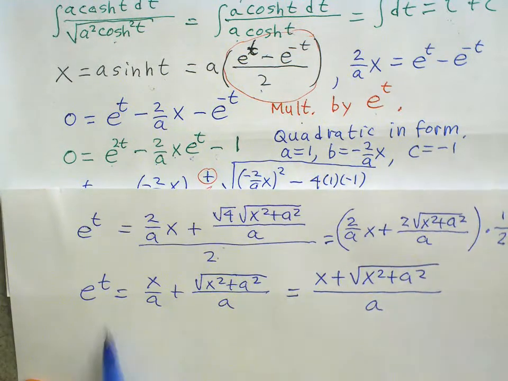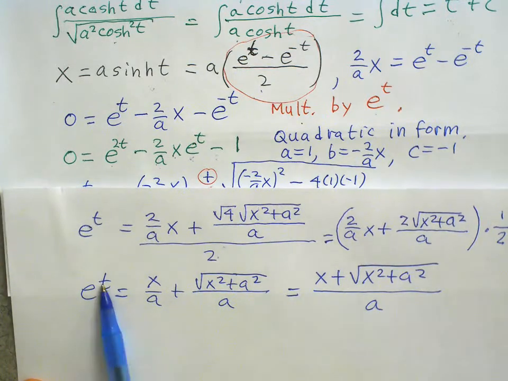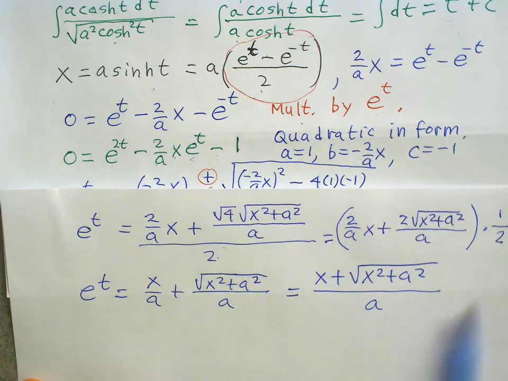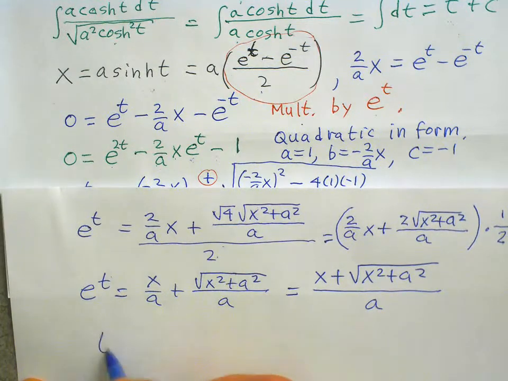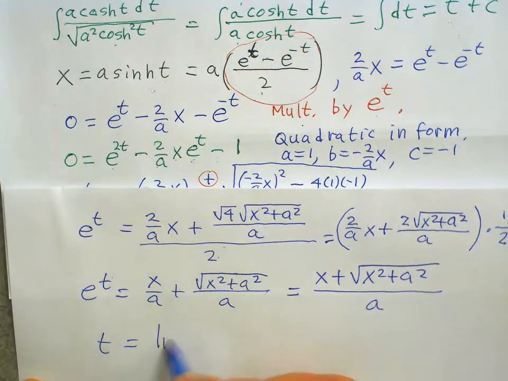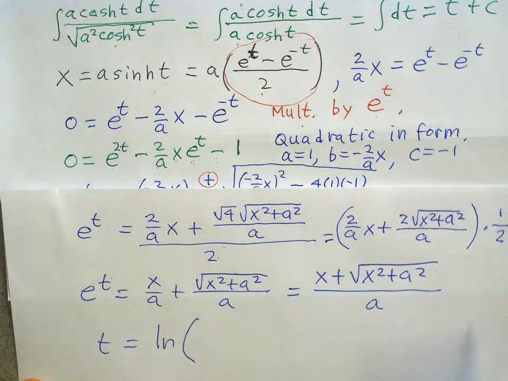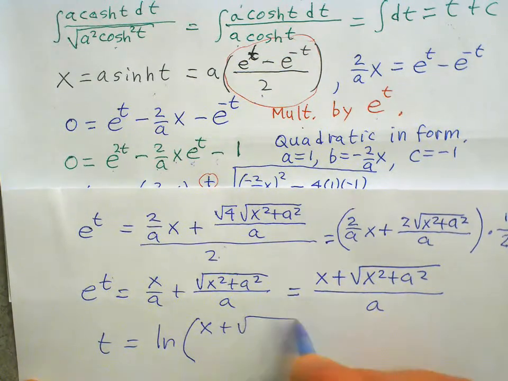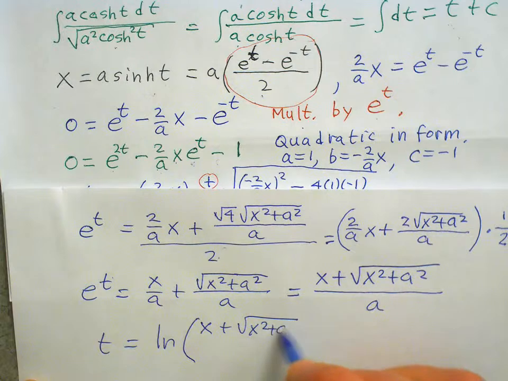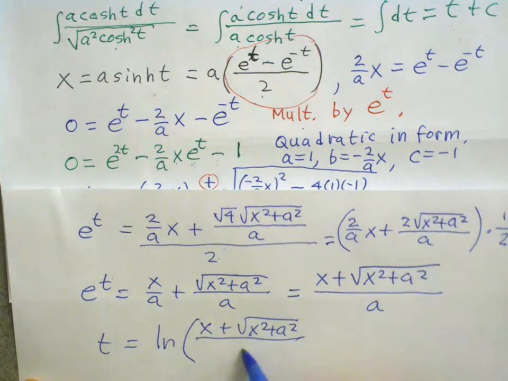And now we can solve for t. If e to the t is equal to something, then the exponent t is just equal to the natural log of that entire quantity, the natural log of x plus the square root of x squared plus a squared over a.